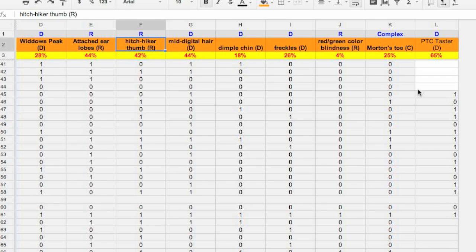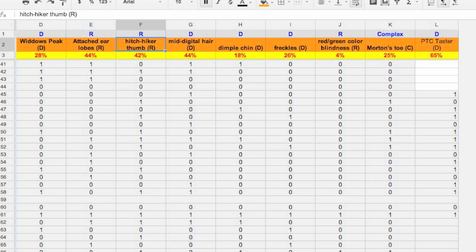This is just surveys and so forth, in midstream we can still collect data. And so we decided to add this other one, which is a non-visible trait, the ability to taste phenylthiocarbamide, which is a kind of bitter taste to those who can taste it.